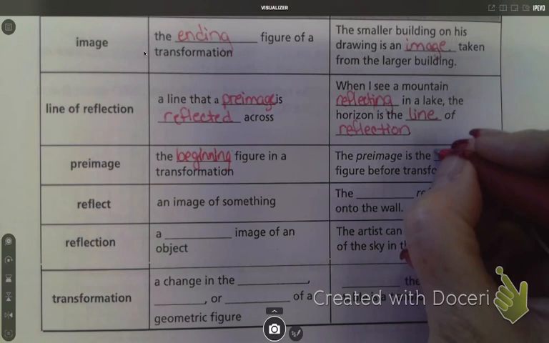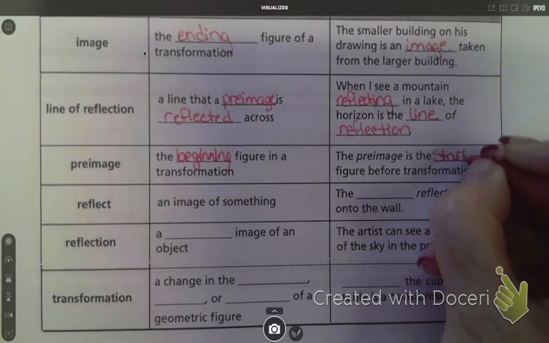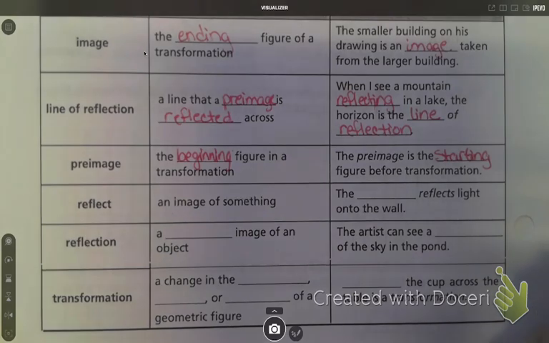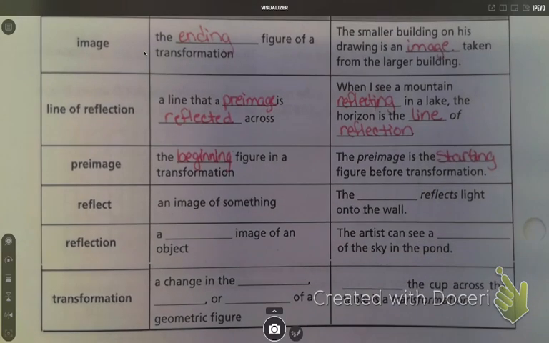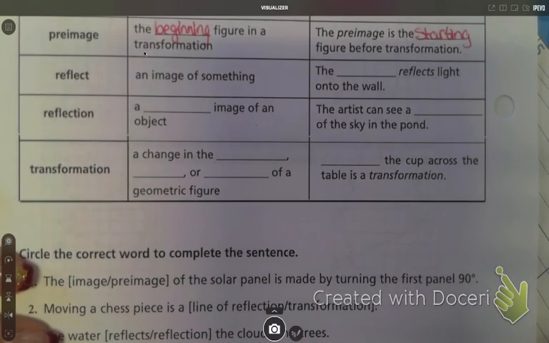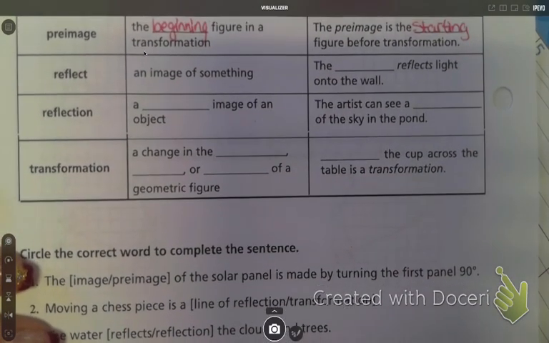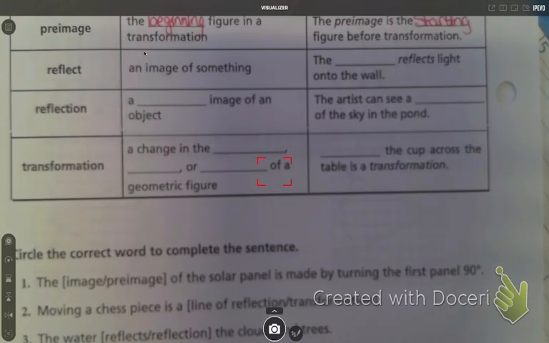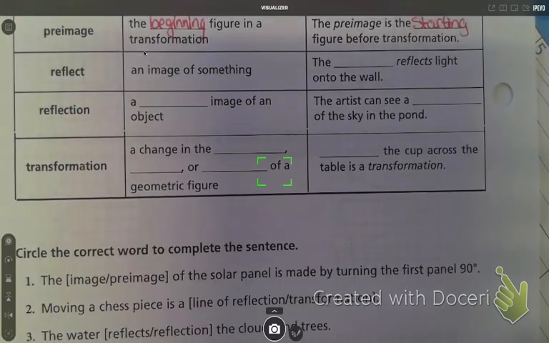Starting. We could put original, yes. Initial, any of those words. So for pre-image, could I say the original figure? Yes. If you want original, whatever words make sense to you, as long as it's a synonym. What's a synonym mean?